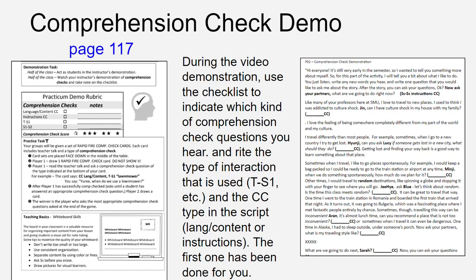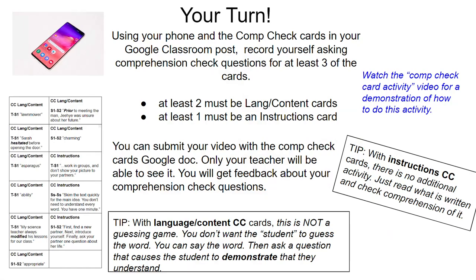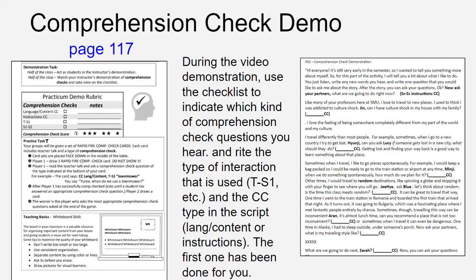One more tip. With instructions comprehension check cards, there is no additional activity, okay? So it's not referring to something real. Your task is just to read what's there, but then you want to clearly check comprehension of it. The easiest way to do that is to say, what are we going to do?